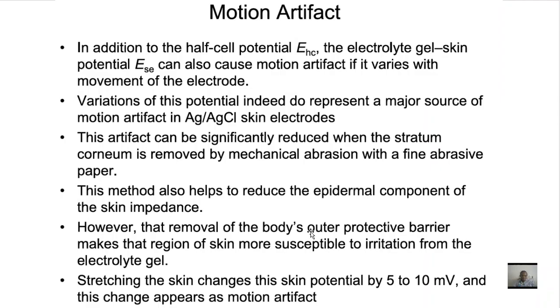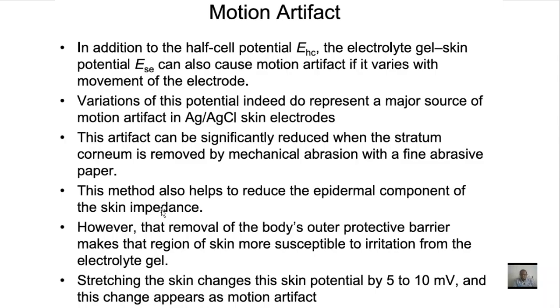Next one is motion artifact. Motion artifact occurs due to the motion of the electrode. In addition to the offset potential, the electrolyte gel skin potential can also cause motion artifact if it varies with the movement of the electrode.